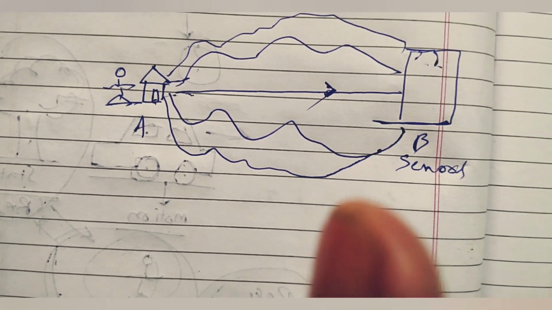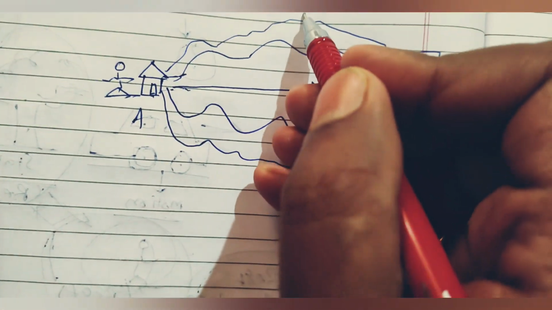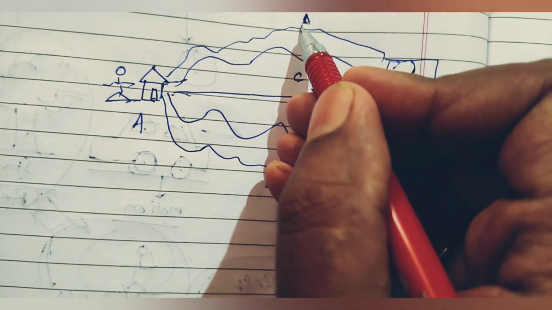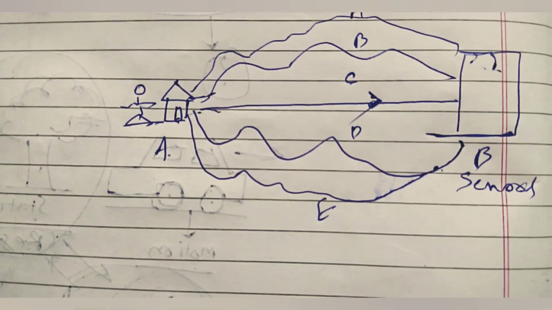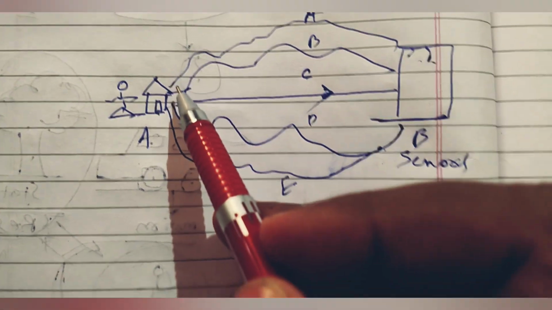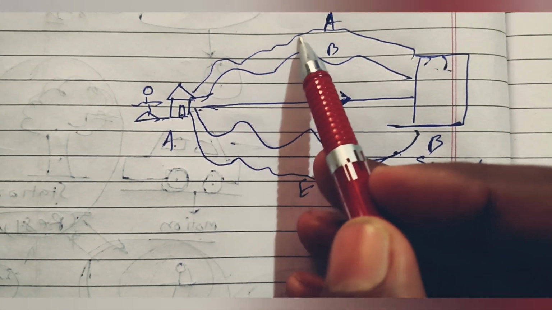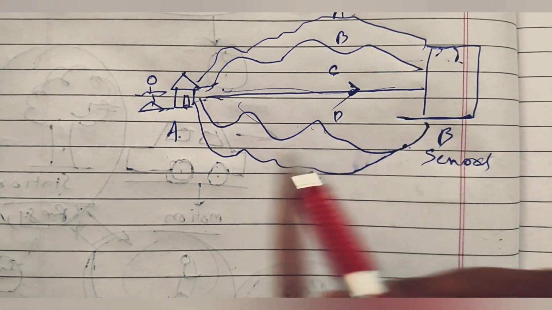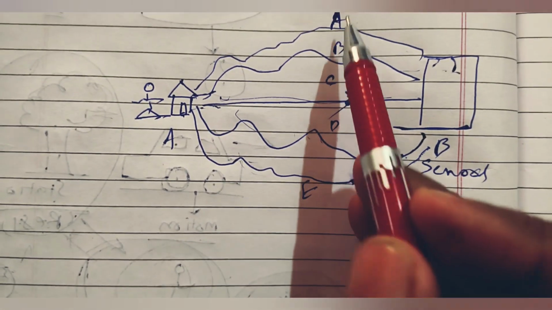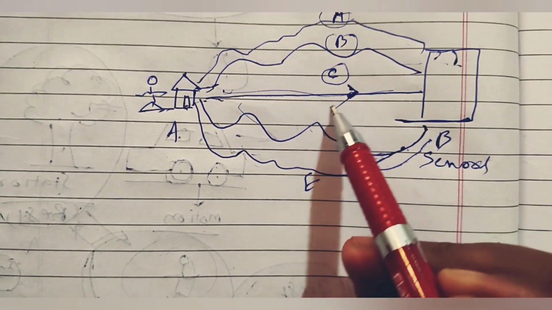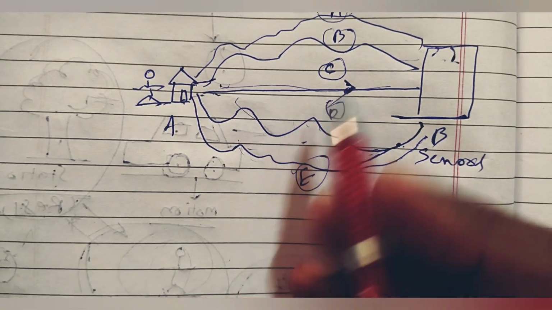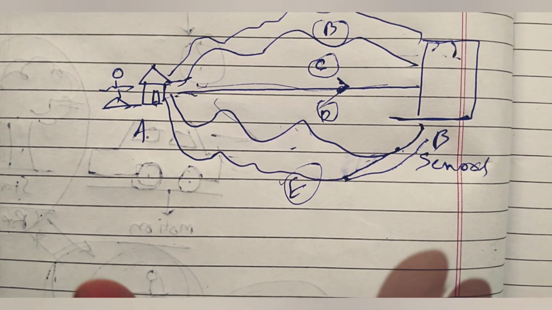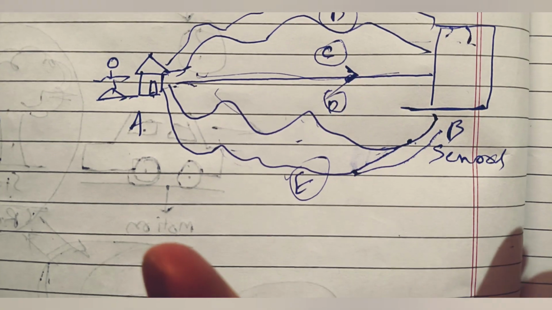Now this is path A, path B, path C, path D, path E. Whenever the student travels from A to B, in each case, case A, B, C, D, E, the distance or length traveled by the student is different.